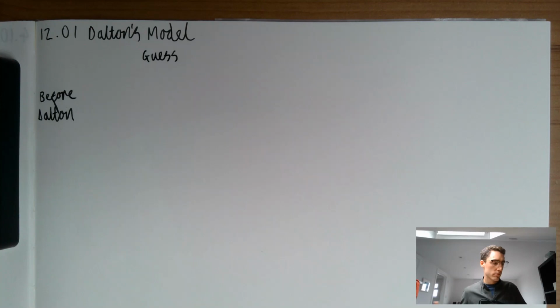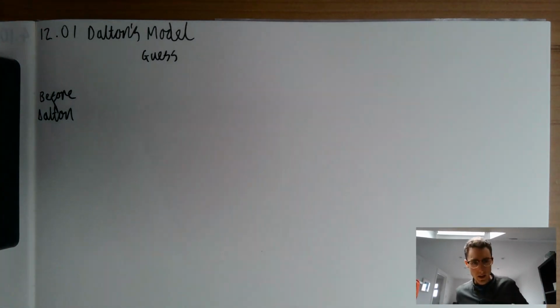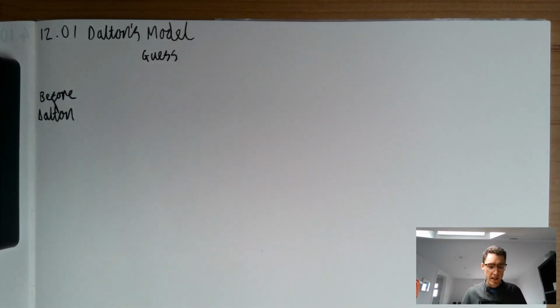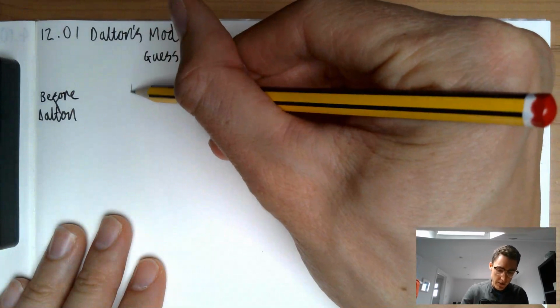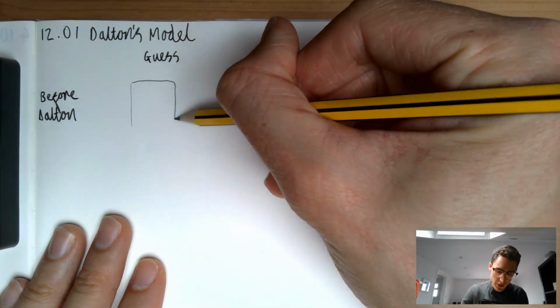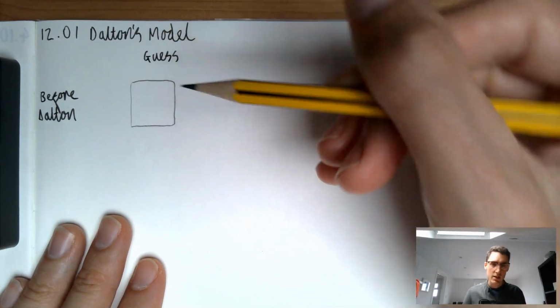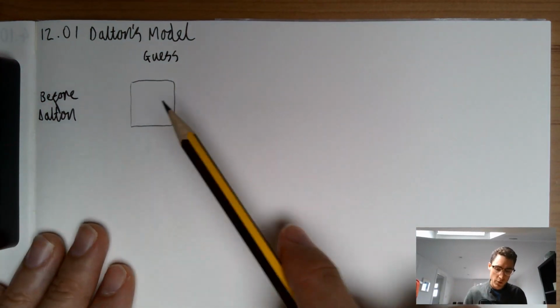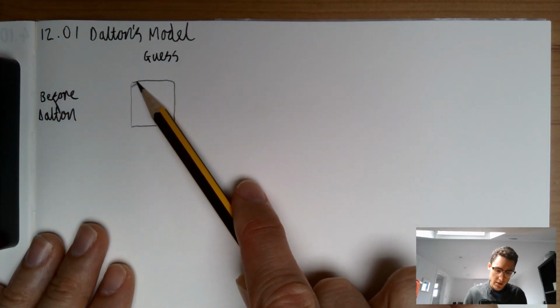Now, again, this is one thing that I had to read up on, but before Dalton, gases were seen as these kind of fluids. And effectively by fluid, I mean a continuous kind of material. So what you might do is show something in here.